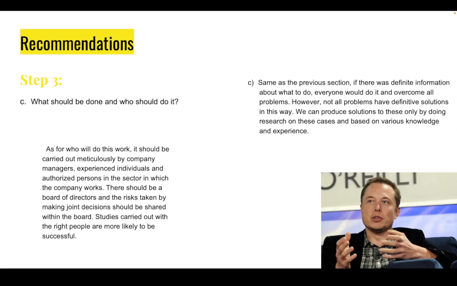As for who will do this work, it should be carried out meticulously by company managers, experienced individuals, and authorized persons in the sector in which the company works. There should be a board of directors, and the risks taken by making joint decisions should be shared within the board. Studies carried out with the right people are more likely to be successful.